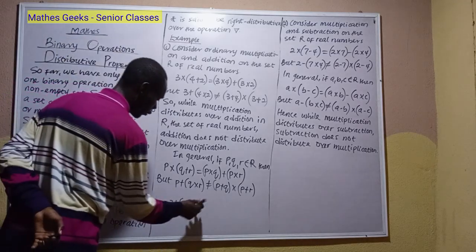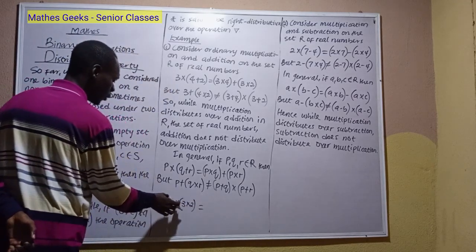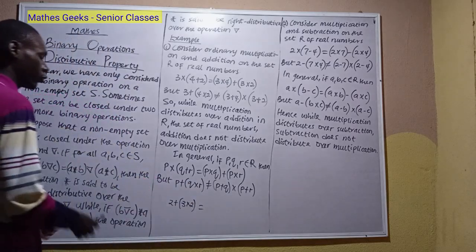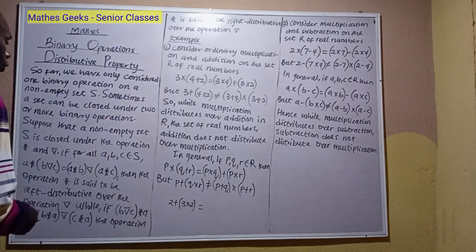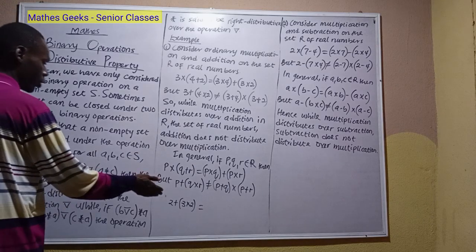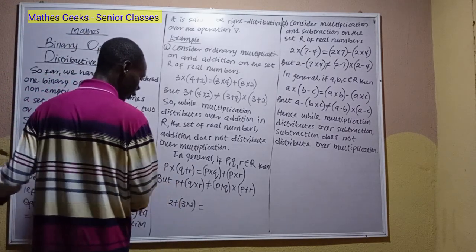Then you can see in this case the multiplication operation distributes over the addition operation. So we say multiplication is left distributive over addition, because the multiplication operation is on the left side.